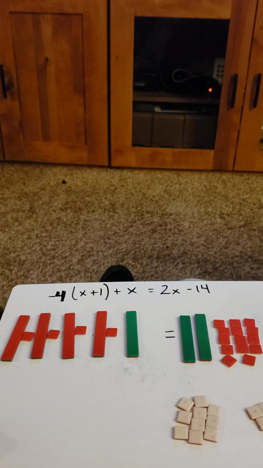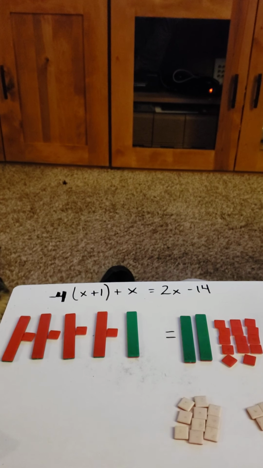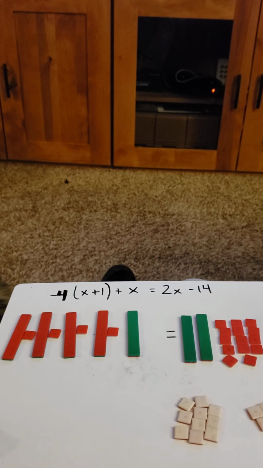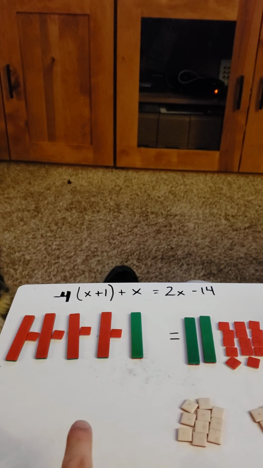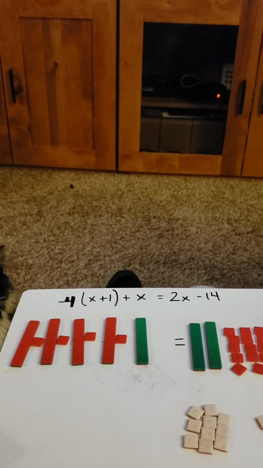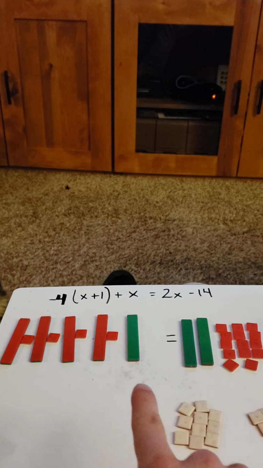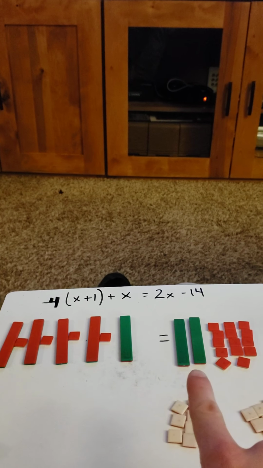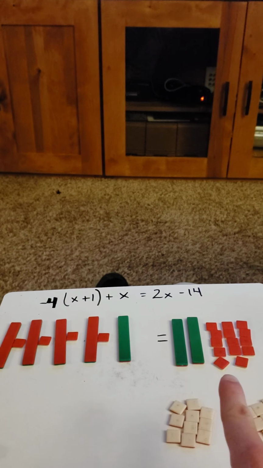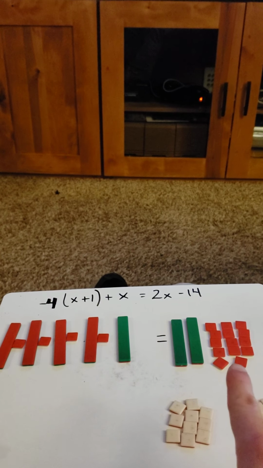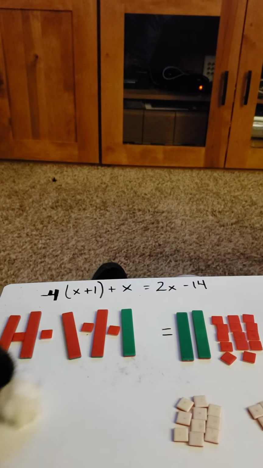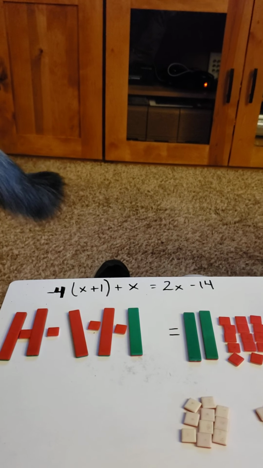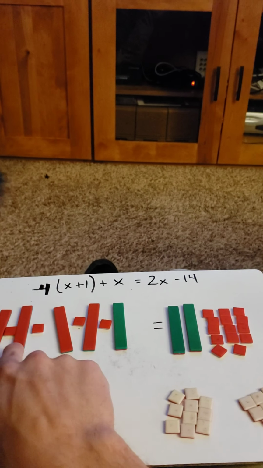So I have minus x, minus 1, minus x, minus 1, minus x, minus 1, minus x, minus 1, and that's what's shown right here. Then I have a plus x right here. I have an equal sign, and I have 2x minus 14, and those are the constants. So I have all of these shown on this board.